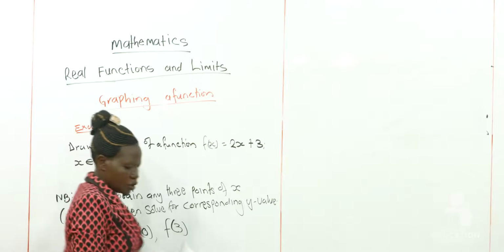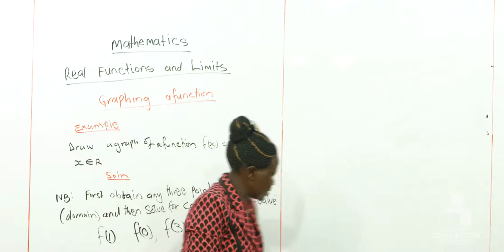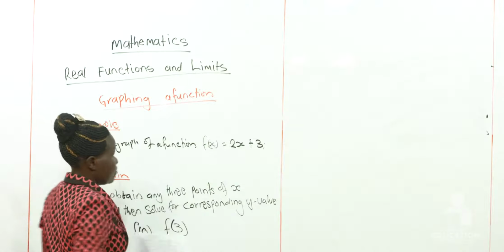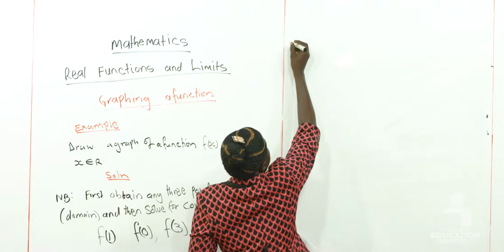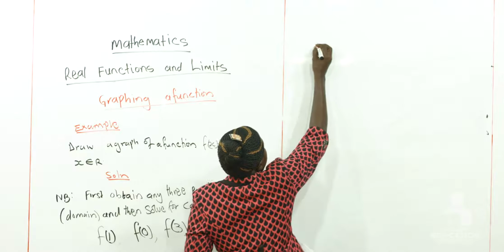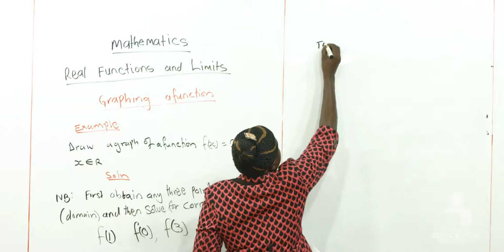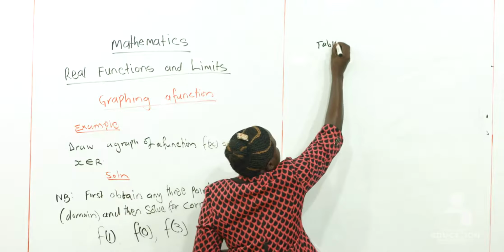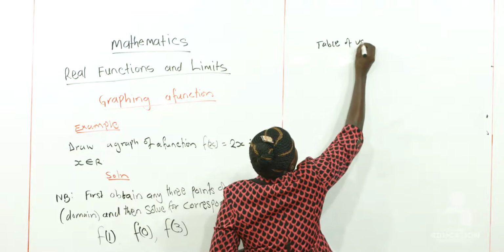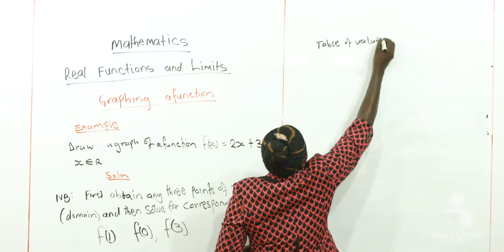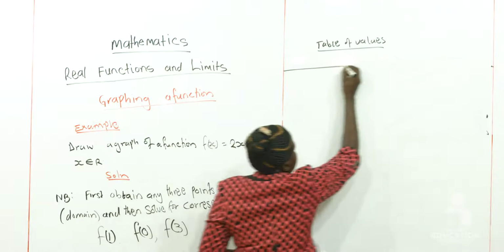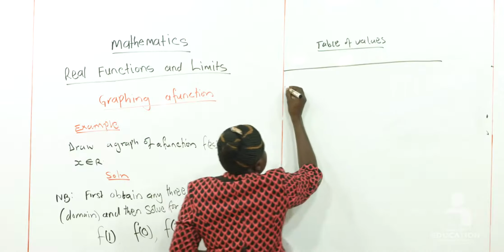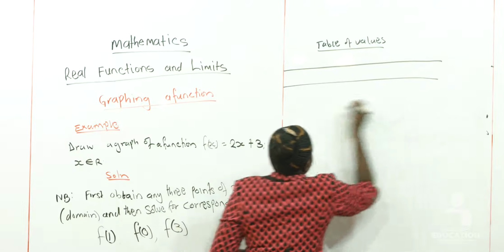After getting those points, we can now solve for y. So we simply get our table of values. In the table of values, we shall have x and y.